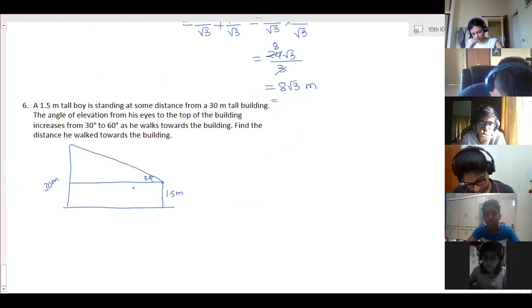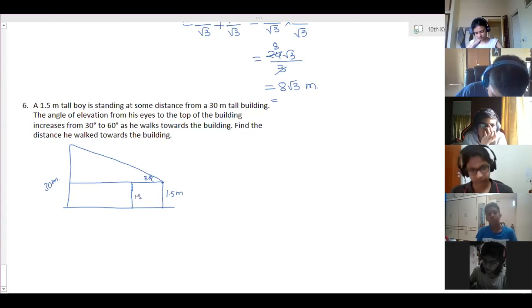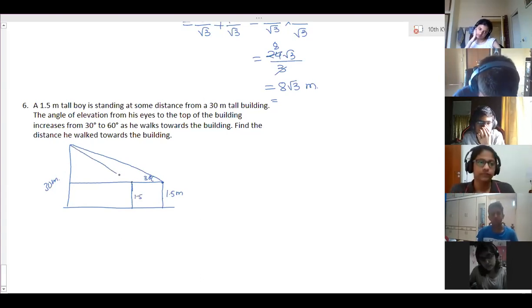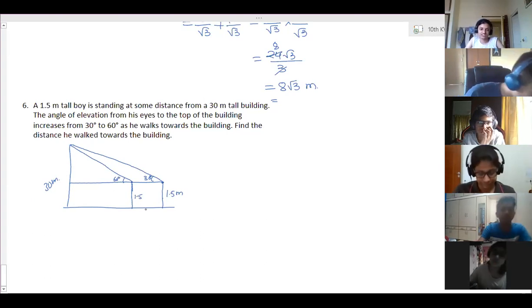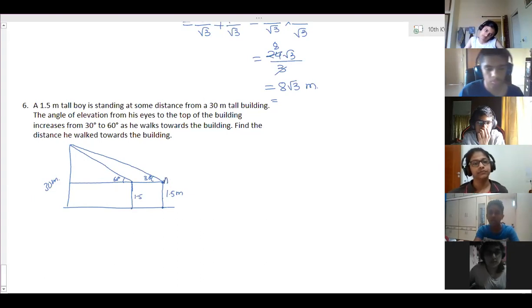When he walks some distance towards the building, his height remains 1.5, and the angle of elevation changes to 60 degrees. Diagram clear? You have to calculate how much distance he has walked.